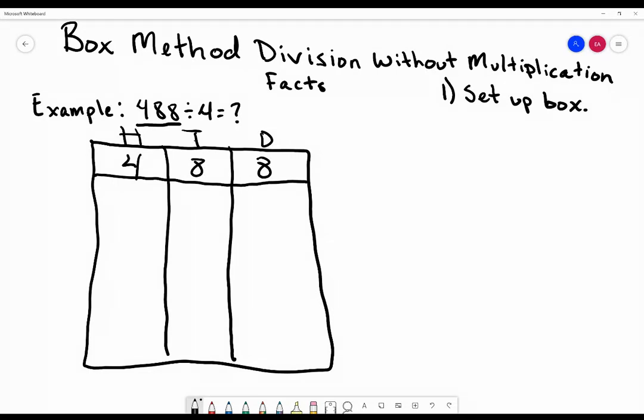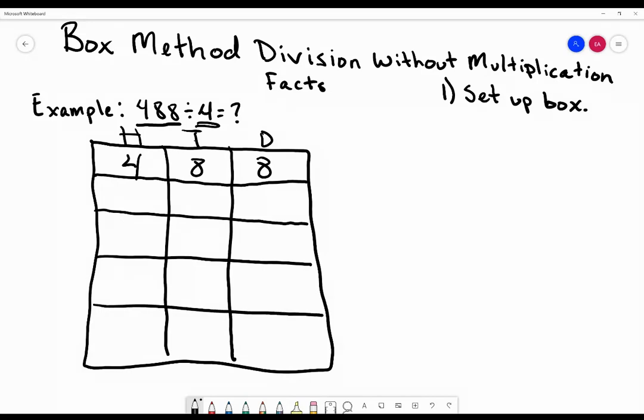Okay, so now that we have that set up, when I look at my divisor, I see that it's 4, which means I am going to create 4 equal groups out of 488. So if I'm making 4 groups, I need to have 4 sections to represent each group in my box.